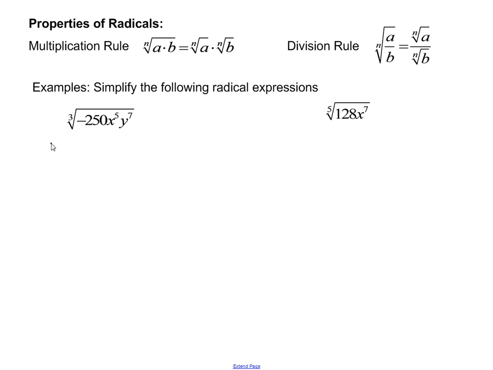And I know we've already talked about the number 250 as being 125 times 2, right? And so I'm going to carry my negative along with that. But I also have x to the fifth. Now what do I do with that? Are there any perfect cube factors?